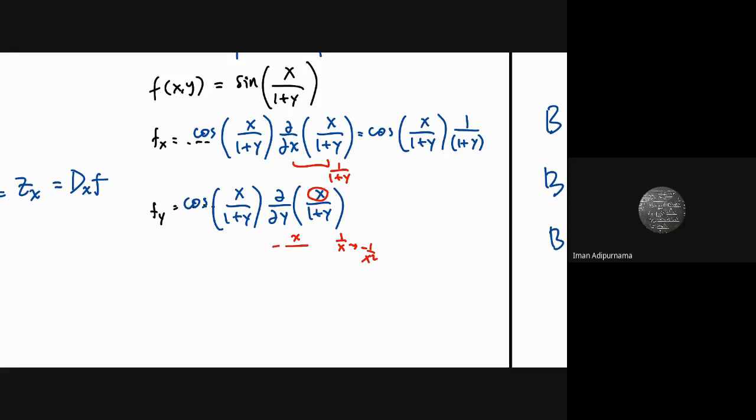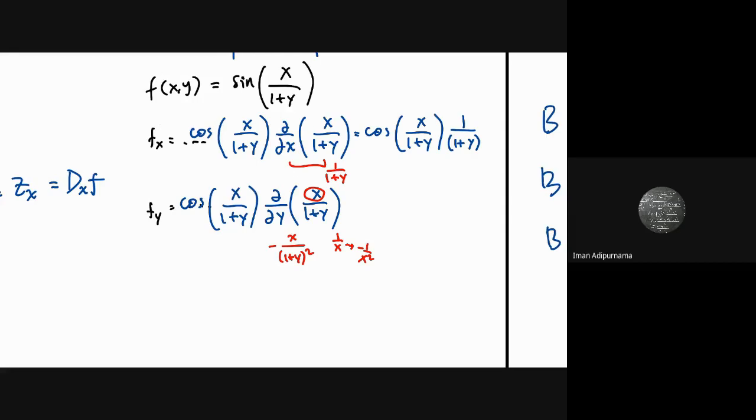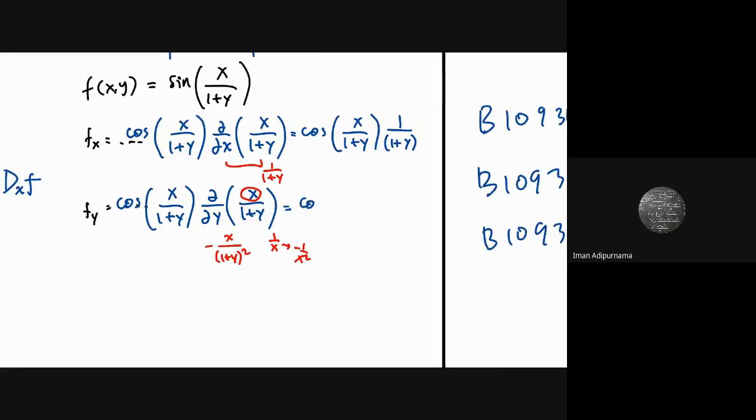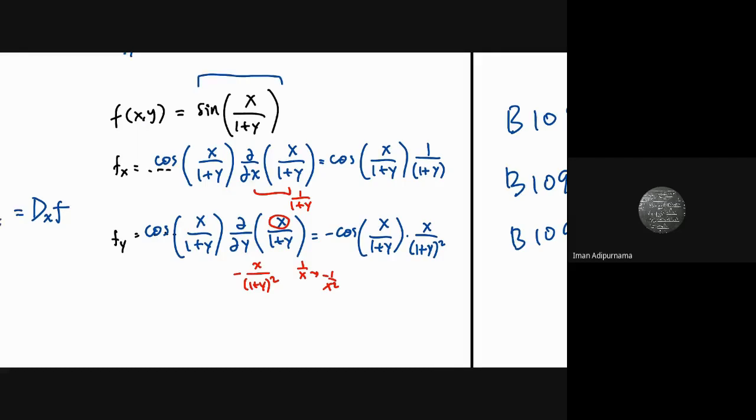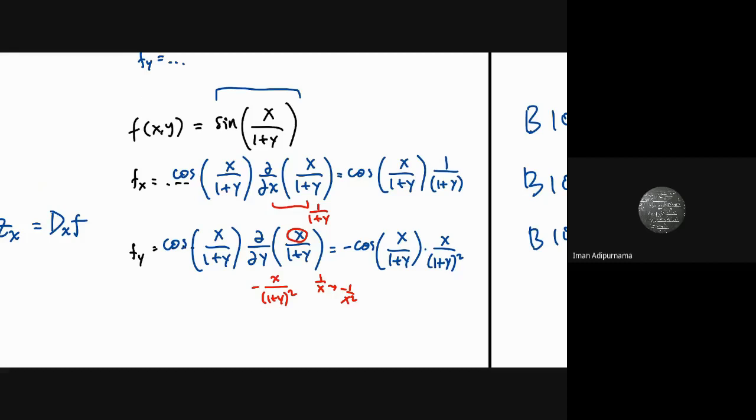So this will be negative, and then 1 plus y, squared. So we will have cosine, or maybe I will write negative in the front. And you will see this is x over 1 plus y squared. I hope you get it. This is just a regular chain rule.